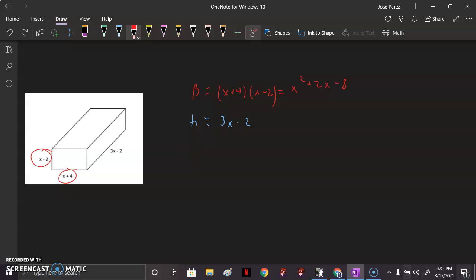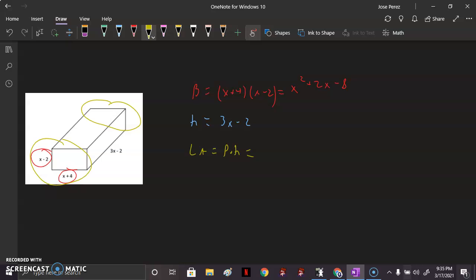And I forgot to switch colors, sorry, which is LA equals perimeter times the height. Well, there's two perimeters. There's this perimeter right here, and there's this perimeter back here. And if we add all of them up, let's do it.